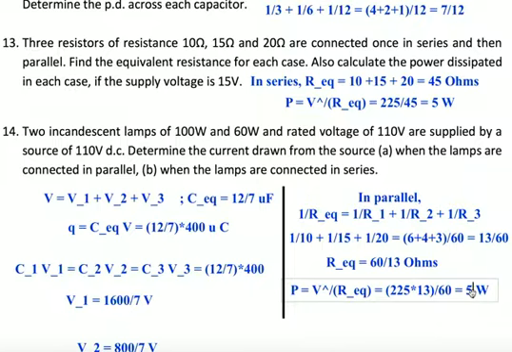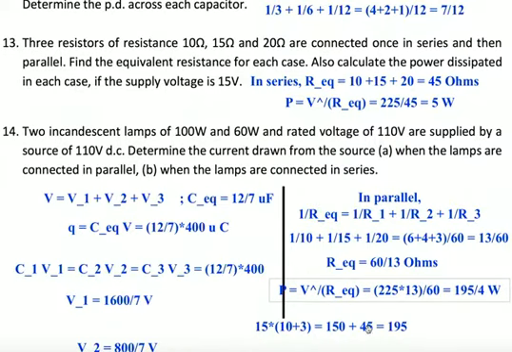What is 15 into 13 then? 15 into 10 plus 3, equal to 150 plus 45, how much? 195. So 195 upon 4 watts.